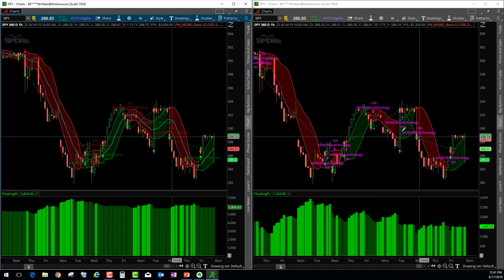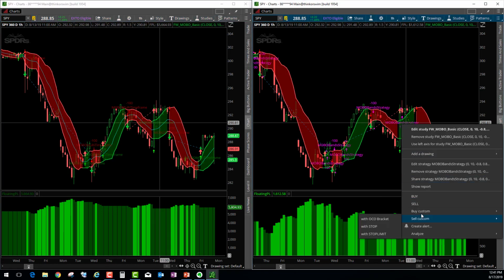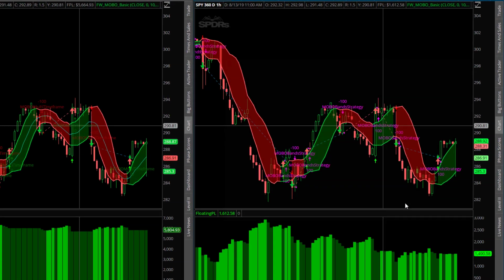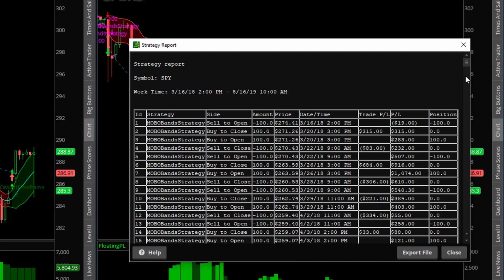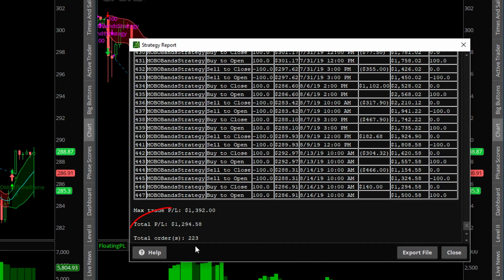Okay. So on this strategy over here, where you're just trading the hourly part by itself, you ended up with less profit, a total of let's say $1,300, and you traded twice as much, 223 trades, twice as many trades, right? And what is that?